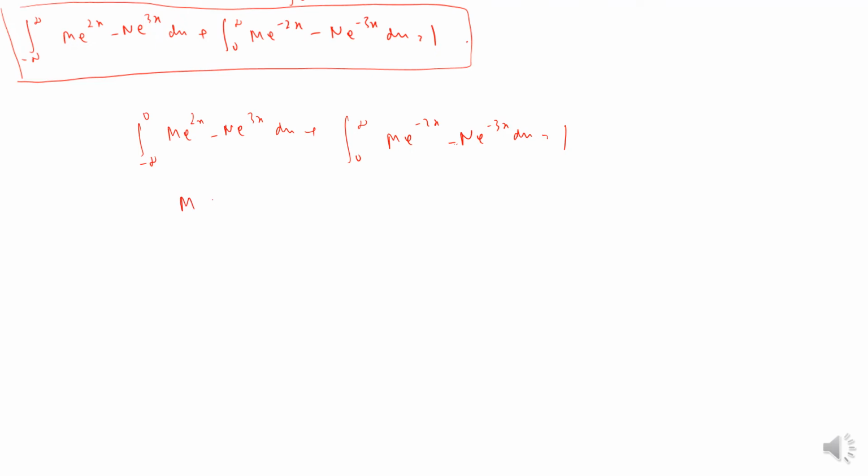If I integrate, this is e power 2x by 2, from minus infinity to 0, minus n into e power 3x by 3, and e power minus 2x by minus 2, from 0 to infinity.